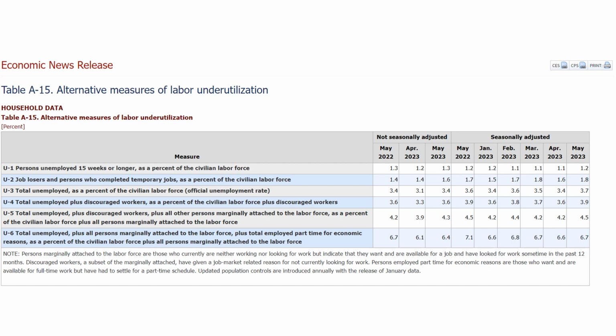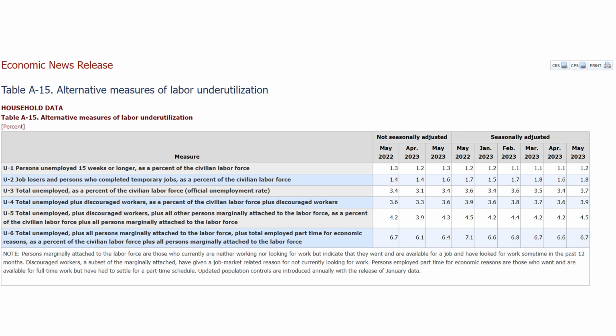It's the one that's pointed to the most so far as looking at the difference between the U3, that official unemployment rate, and what most people would probably consider a more accurate metric, that U6.